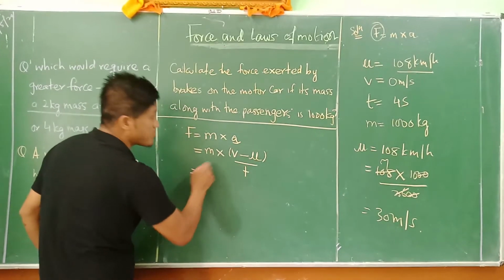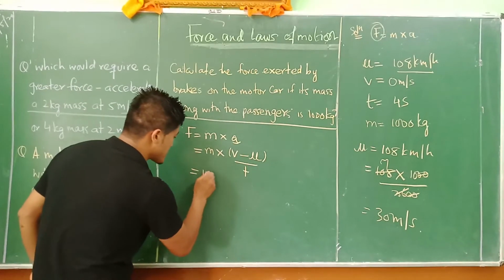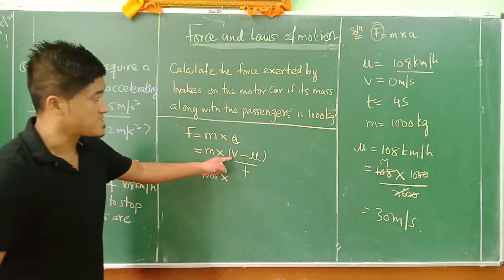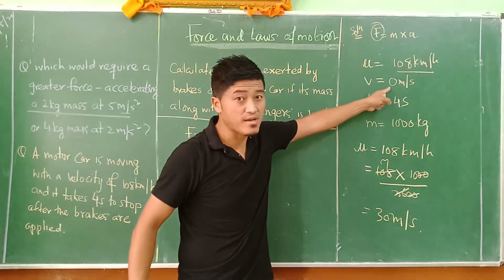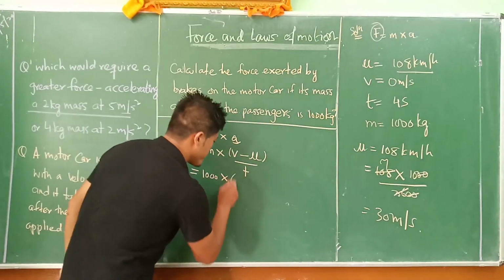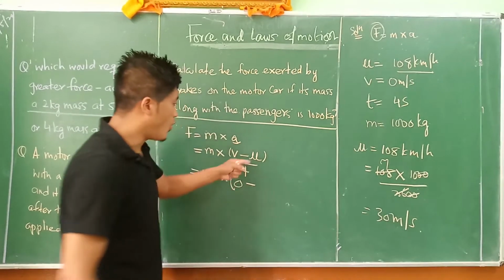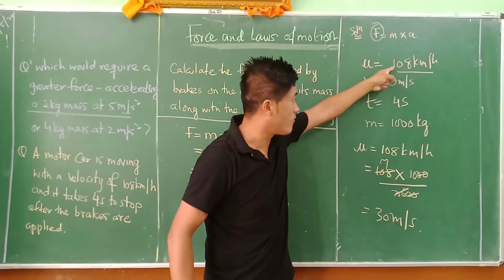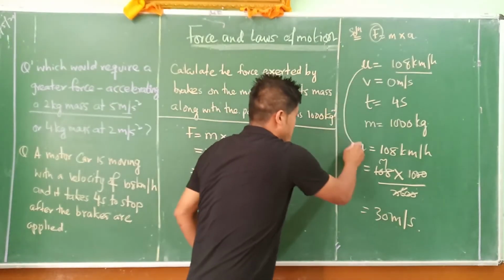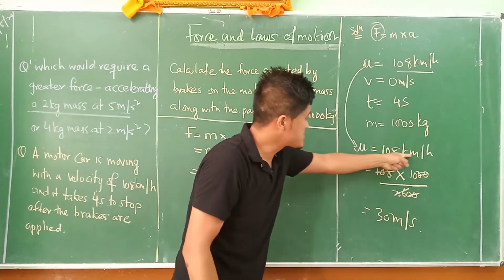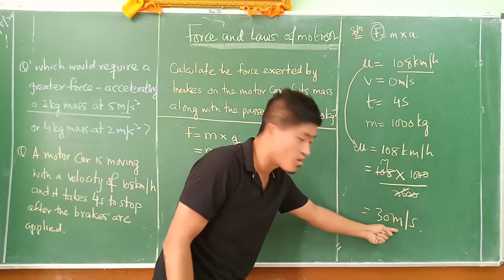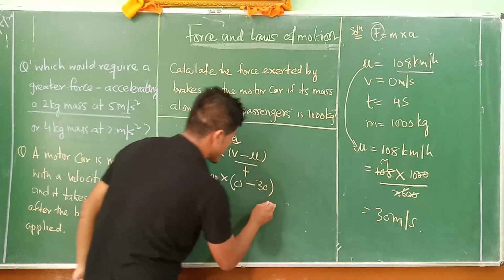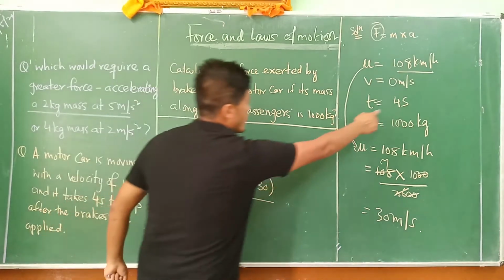Now how much is the mass? It is 1000 kg. 1000 into the final velocity, which is 0, minus the initial velocity. The initial velocity is 108 km per hour, which when converted into meter per second gives 30 meter per second, in a time interval of 4 seconds.